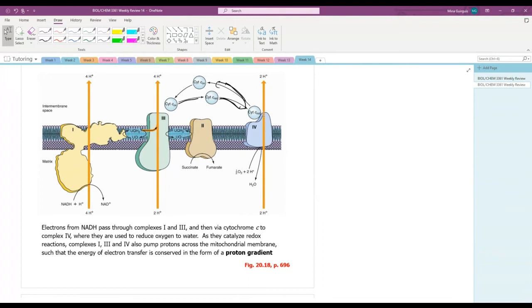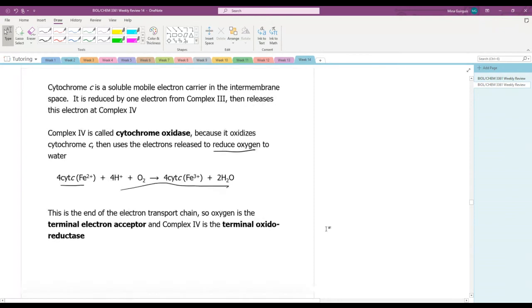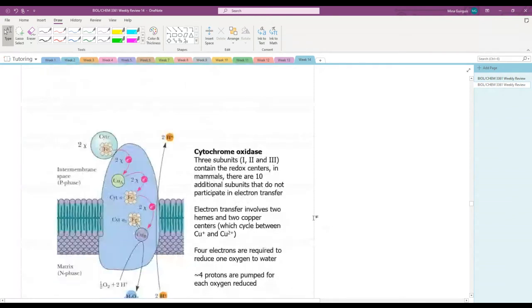So it's not that these two are reacting with each other directly, and that's why there's this concept of a terminal acceptor and a terminal enzyme. So oxygen is the terminal electron acceptor. In other words, all these electrons have flowed from various regions, and they're eventually going to make their way to oxygen. Complex 4 is the terminal oxidoreductase. It is the last enzyme in this oxidation reduction chain.